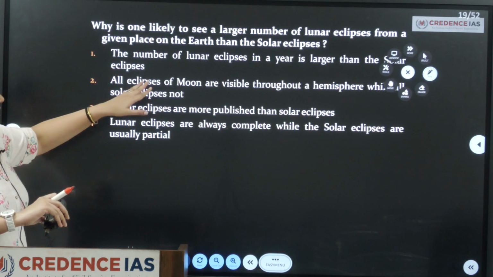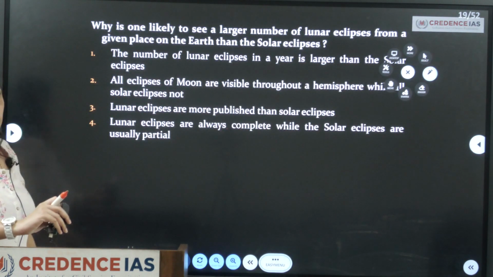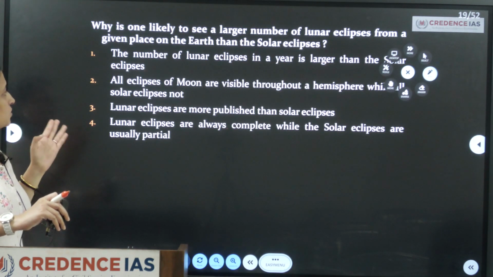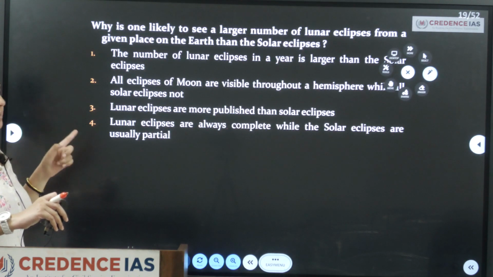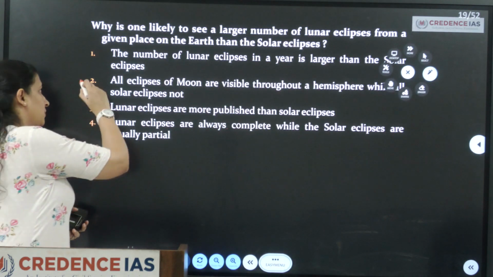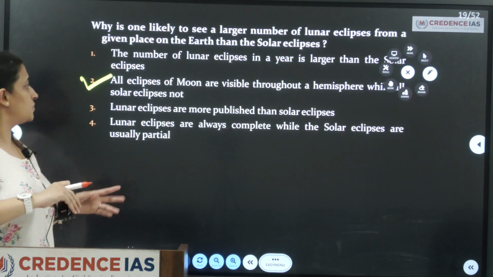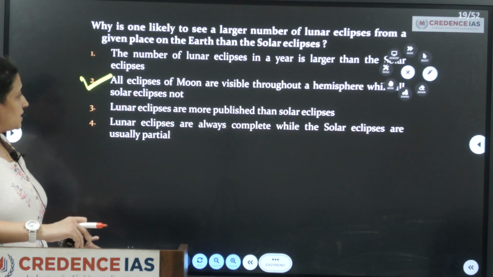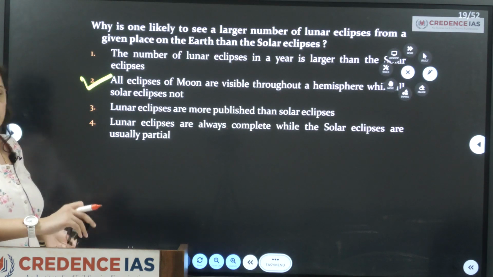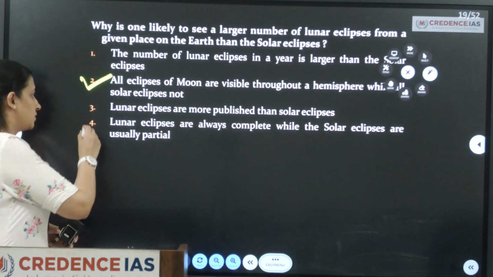The options: the number of lunar eclipses in a year is larger than solar eclipses; all eclipses of the moon are visible throughout the hemisphere, while solar eclipses are not; lunar eclipses are more publicised than solar eclipses; lunar eclipses are always complete, while solar eclipses are usually partial.